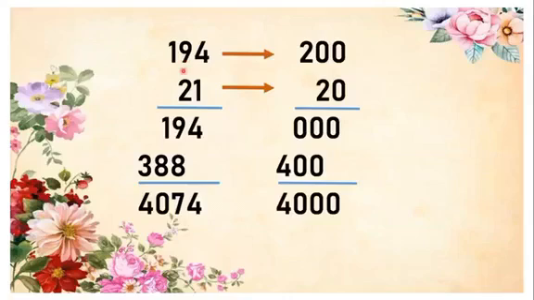Since 9 is greater than 5, you have to add 1 here and replace all the other digits by 0, so it becomes 200. For 21, the highest place value is tens. Look at the number on the right side, which is 1. 1 is below 5, so it becomes 20. You don't have to add 1 because the number next to it is less than 5.